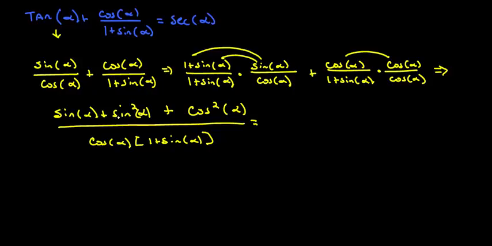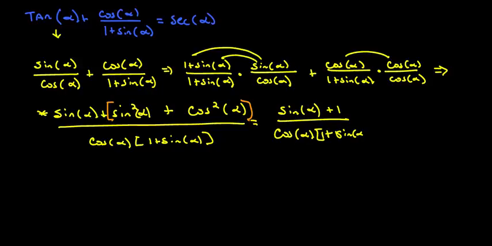So what do we have? Well, sine squared and cosine squared is 1. So these two guys right here, that thing's equal to 1. So what I have on the top is sine alpha, this first piece right here, plus 1, over cosine alpha times 1 plus sine alpha, like that.